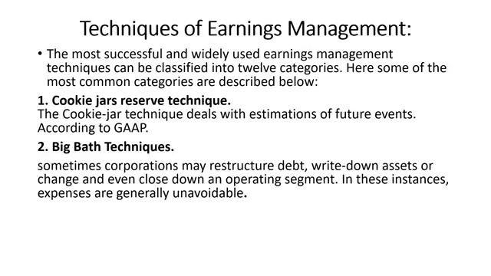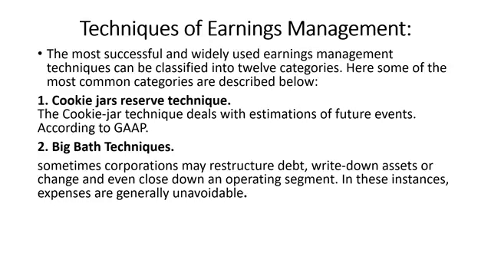Okay, the second one is the big bath technique. Sometimes corporations may restructure debt, write down assets, or change and close down an operating segment. In this instance, expenses are generally unavoidable. So when expenses become unavoidable, this means that we have a big bath technique.